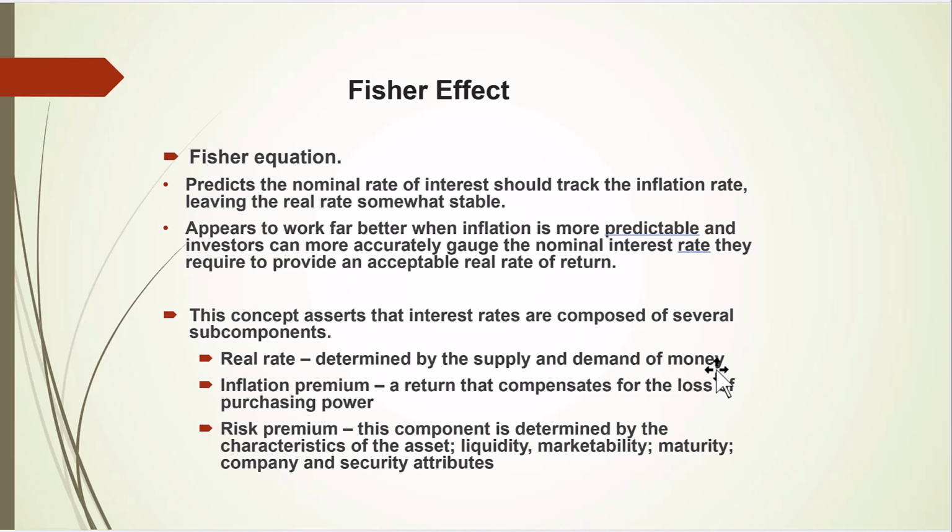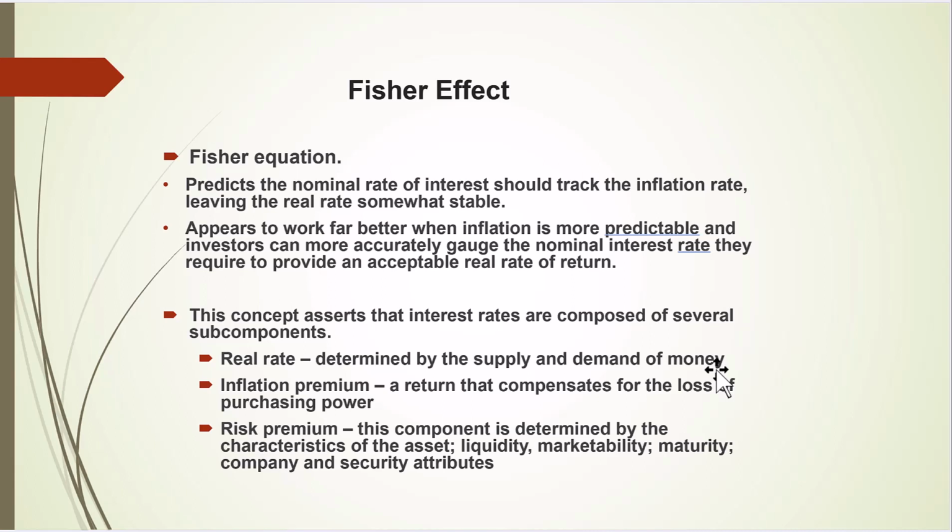Investors want, in the end, although they never talk about it, a real rate of return that grows and helps them to increase their wealth, measured by their purchasing power. So the nominal interest rate has to exceed that in order for us to be happy investors.